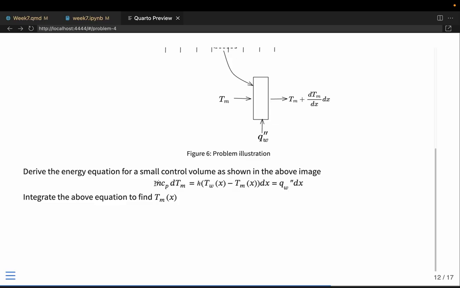So first take this term and this term. You integrate that equation. You know what Qw prime is.